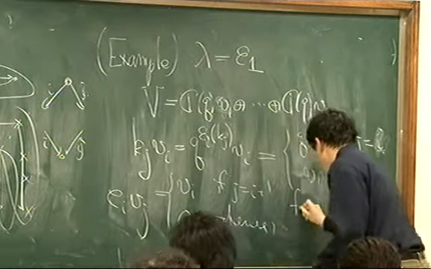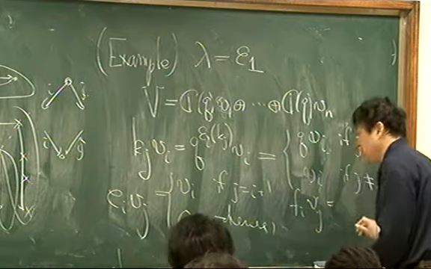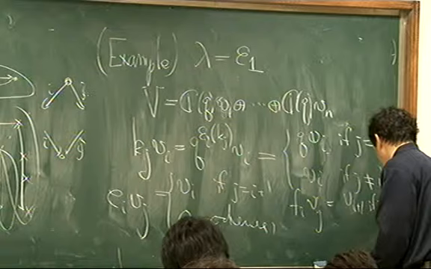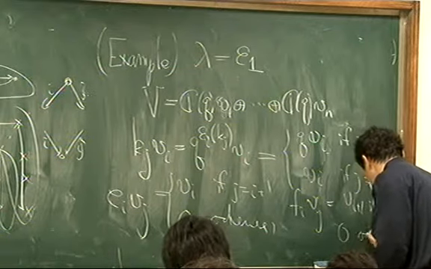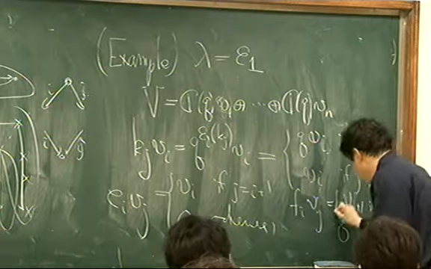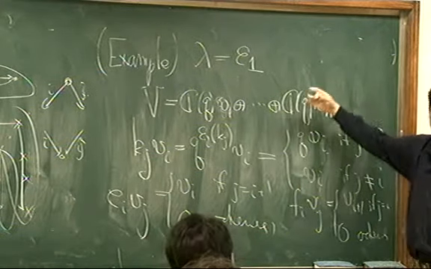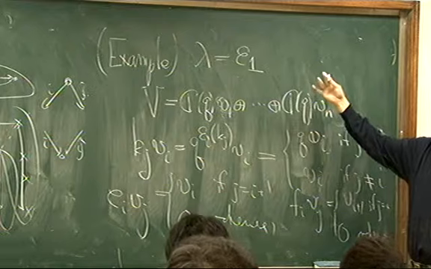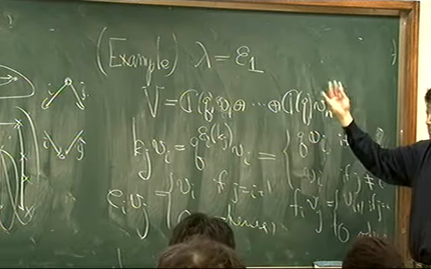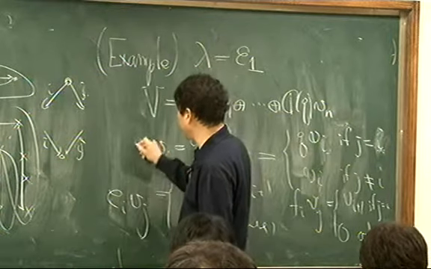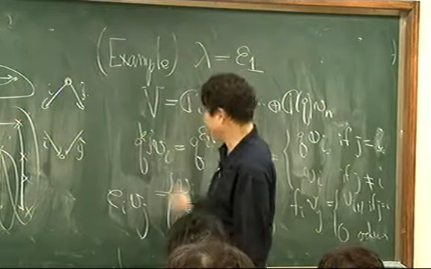And F_i acts on V_j to be V_(i+1) if j is i, and 0 otherwise. And then V becomes a U_q(gl_n) module. I'm sorry, I made another mistake here: q to the K_j.